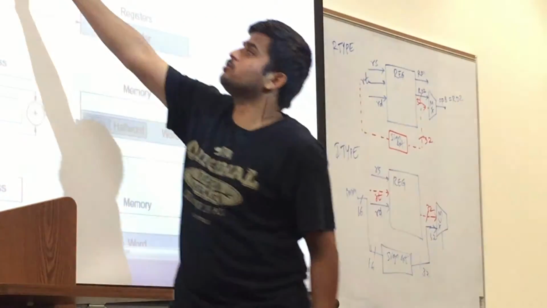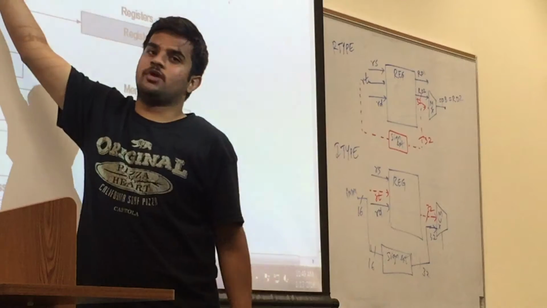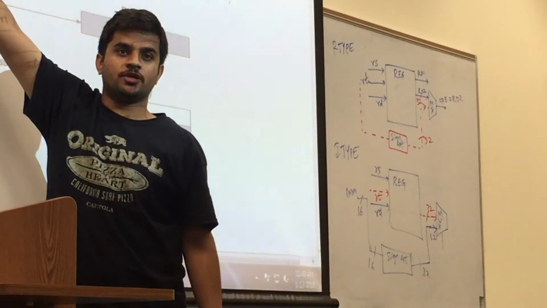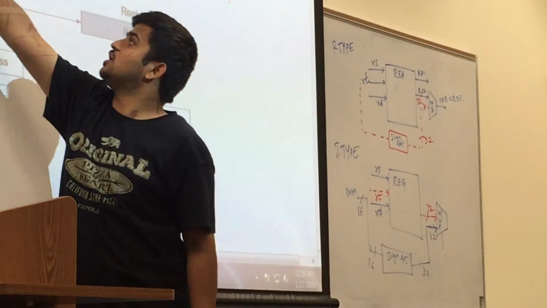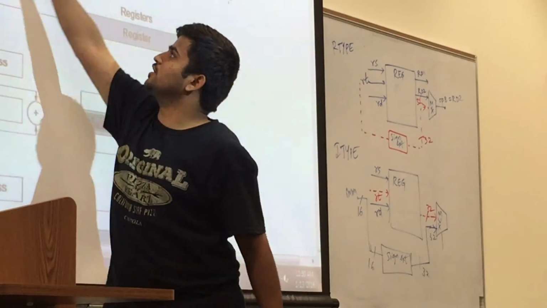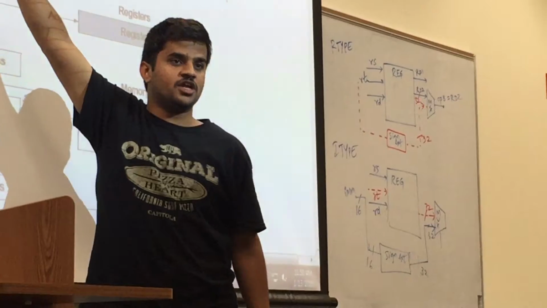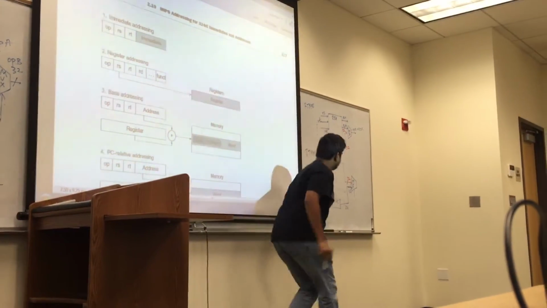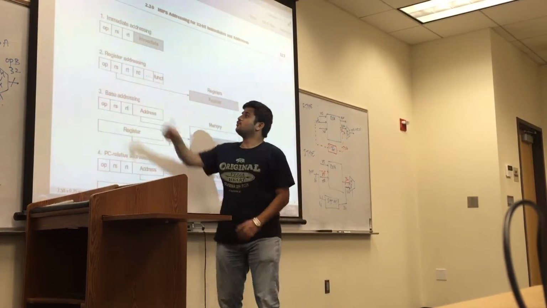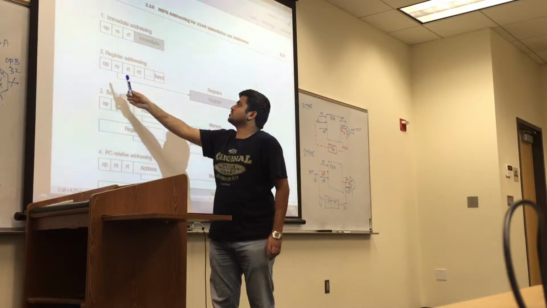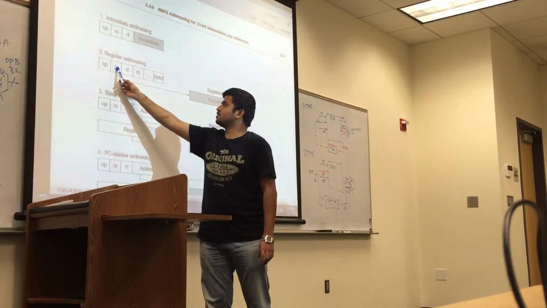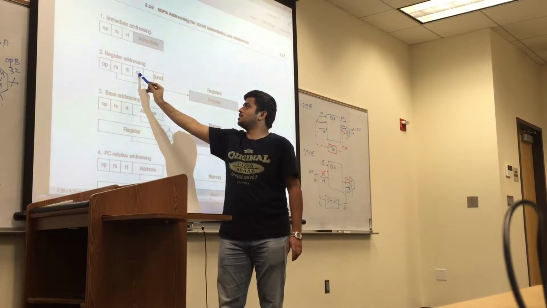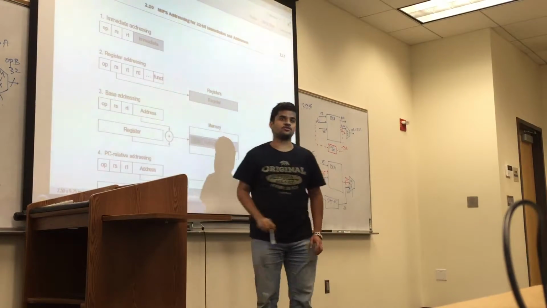So if it is an I type of instruction, it will be in this format. You will have opcode of 6-bit, RS input address of 5-bit, RT of 5-bit, and the rest you will consider as the immediate value, which is of 16-bit. But if you have R type of instructions, then you will consider opcode of 6-bit, RS of 5-bit, RT of 5-bit, RD of 5-bit, and function of 6 bits.